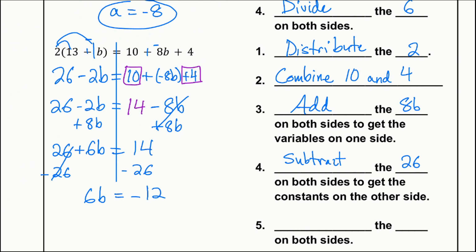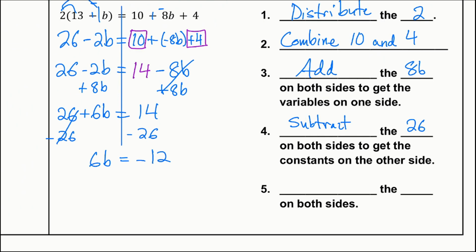Oh, lovely. This is going to come out just lovely. And then you're going to divide, finally, everything by 6 to get b equals -2. Okay?